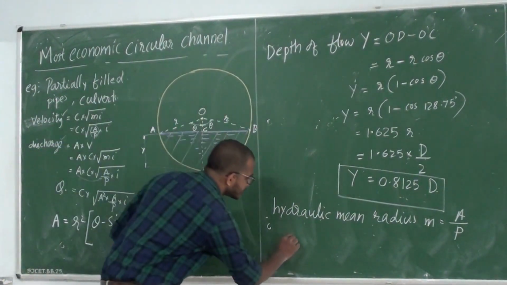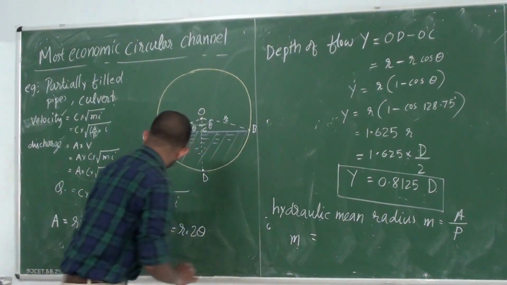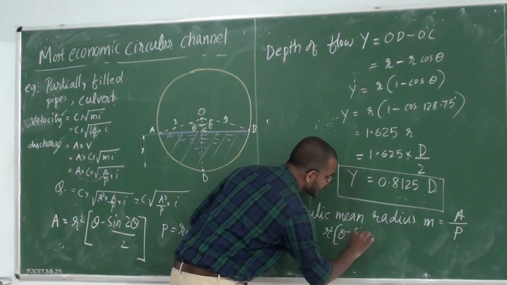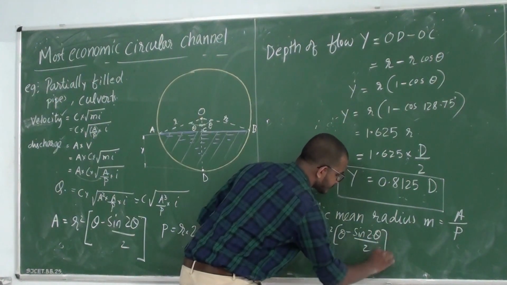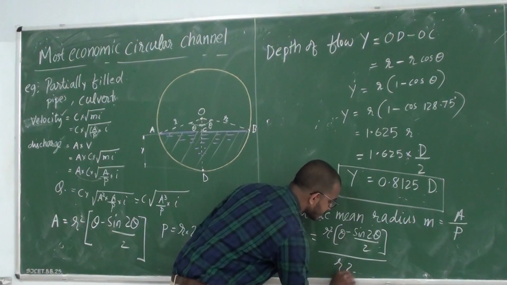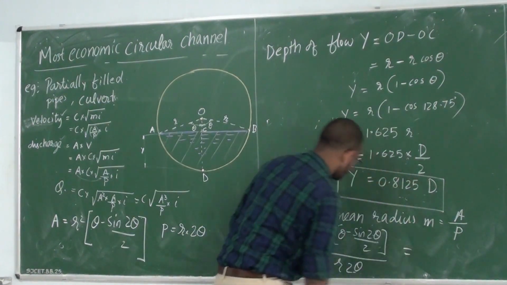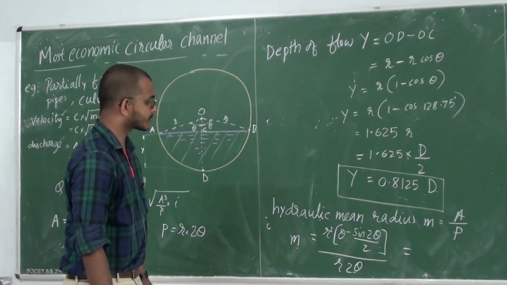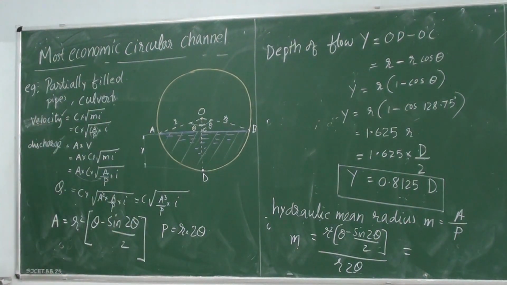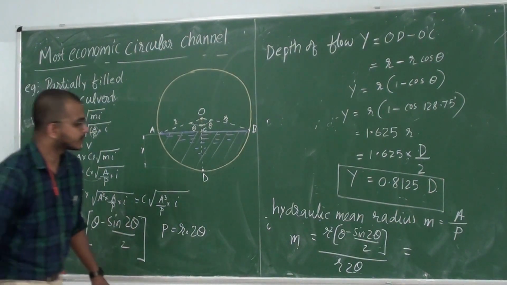So m is equal to area, that is r square into theta minus sin 2 theta by 2, divided by perimeter, which is r 2 theta.